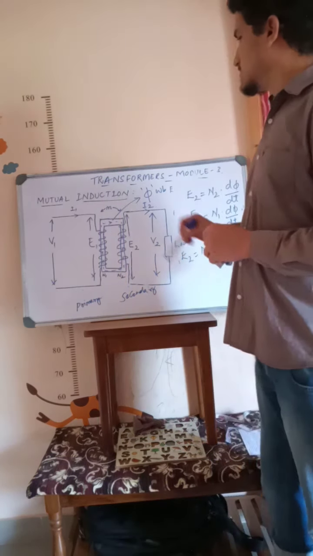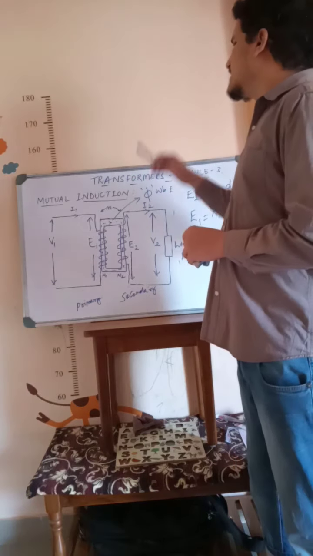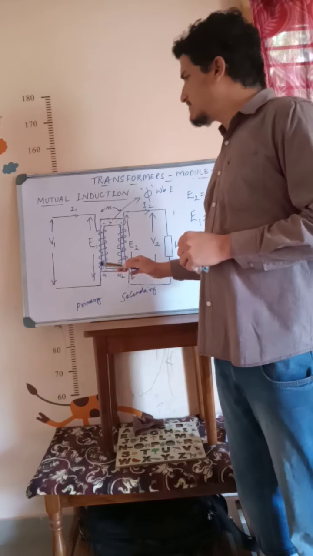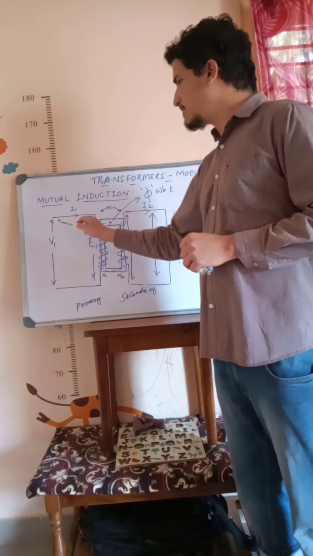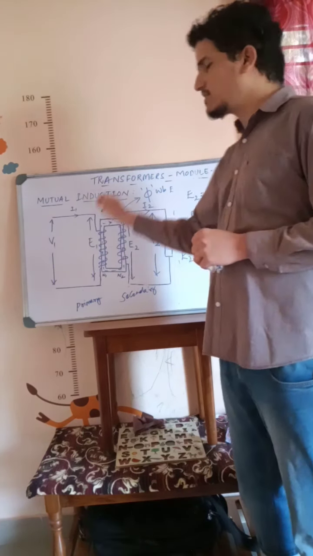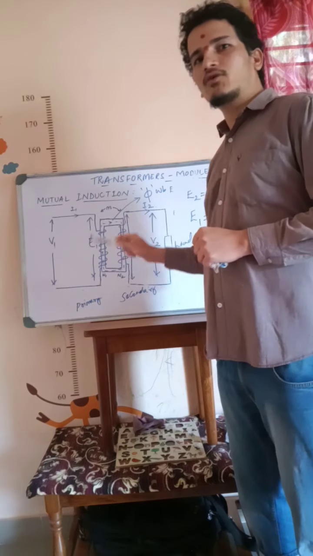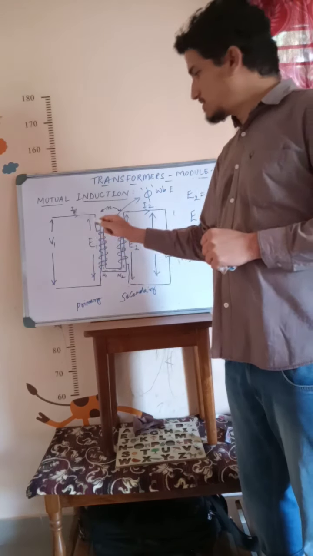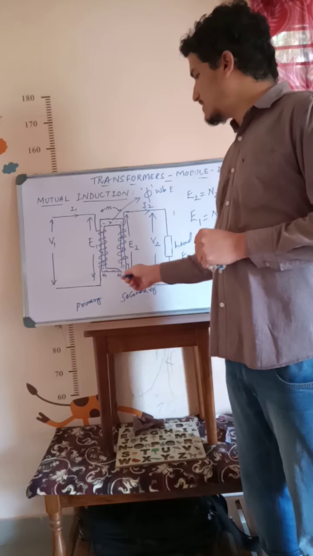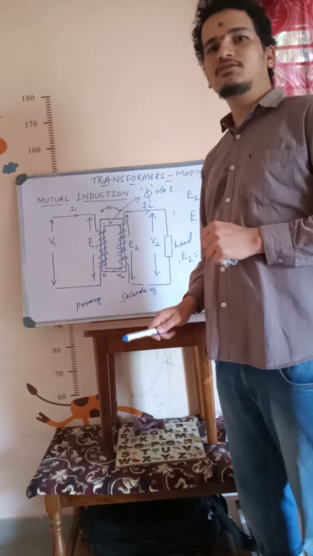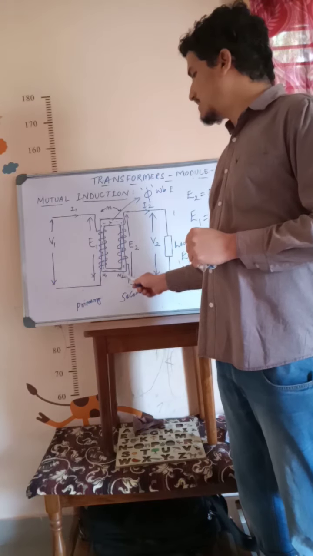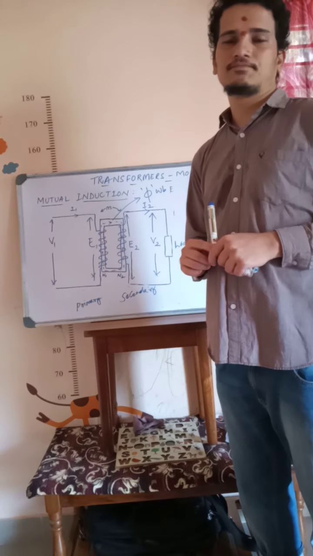Now I will repeat the definition. A transformer is a static device which transfers electrical power from one circuit to another circuit without change in frequency, with or without change in voltage levels. With change in voltage levels means N1 and N2 are different. Without change in voltage levels means N1 and N2 are the same.